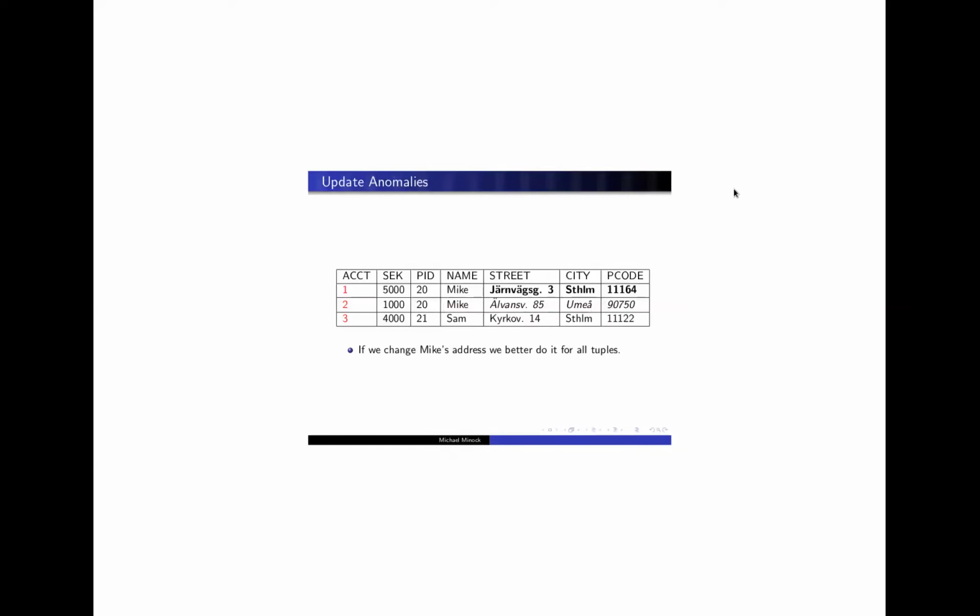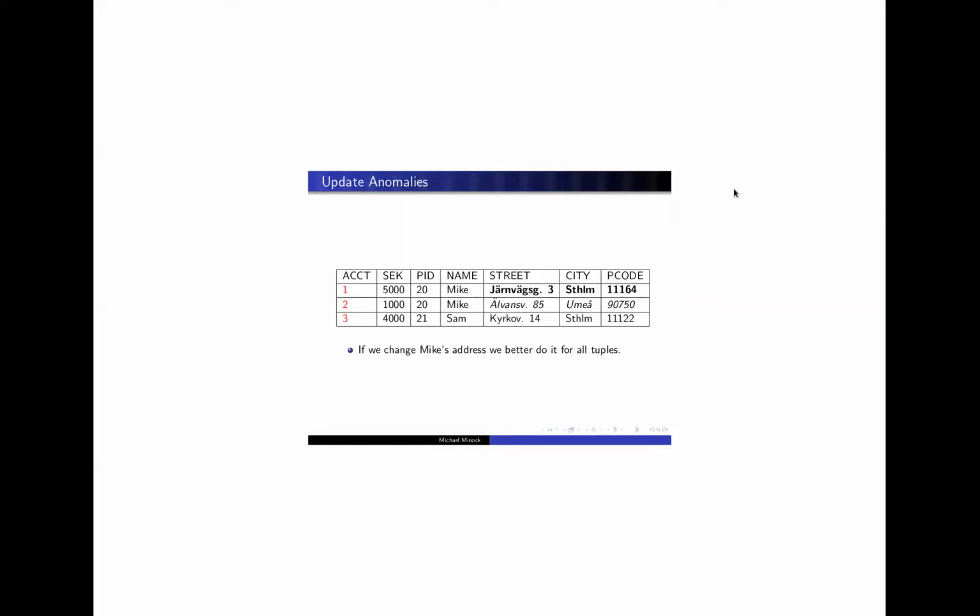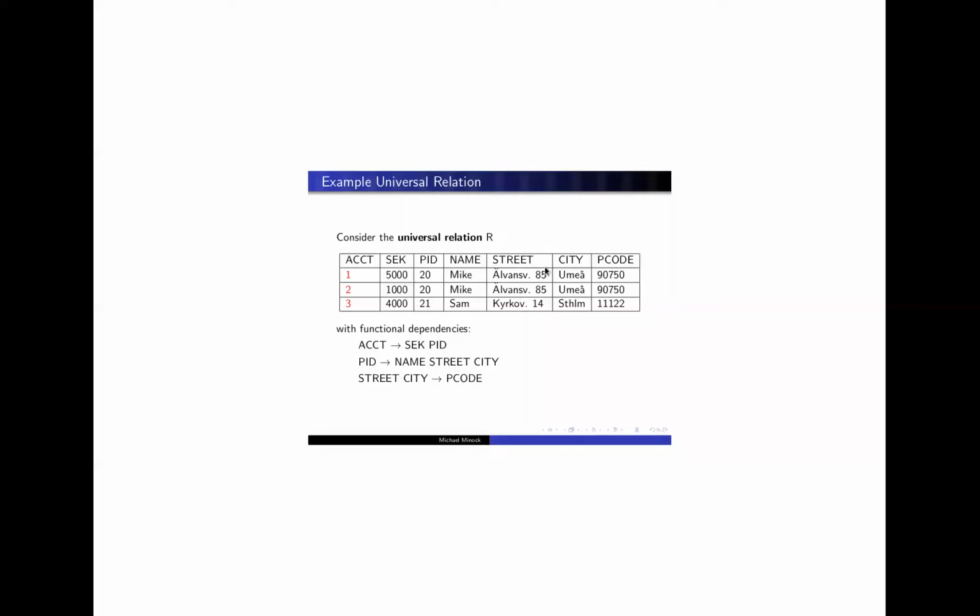Okay. So if we recall, what we showed is that if you just have what's called the universal relation, a naive way of doing database modeling is to take all the attributes and put them in one giant spreadsheet, if you will. What happens when you do that is you get a lot of repeated, redundant information.